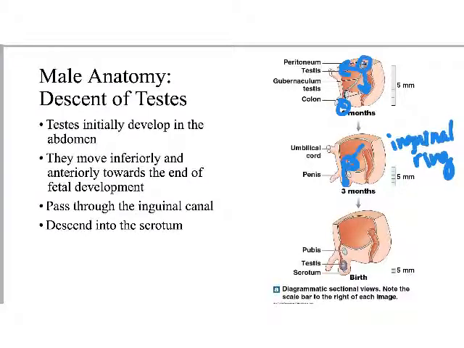It has to pass through that inguinal ring and then down the inguinal canal and then eventually descend into the scrotum. This is one of the reasons, and maybe I'll mention this later, but I'll just mention it now because this is a good picture for it. Men are more susceptible to having inguinal hernias, a hernia that causes abdominal contents, whether it's fat from the omentum or actual small intestine, to slide down into the scrotum, and it follows the same route as the testes do.